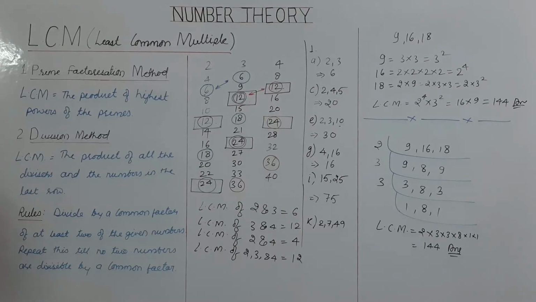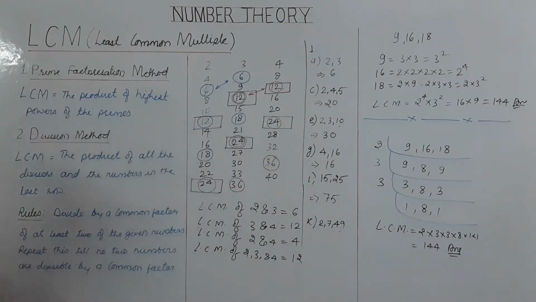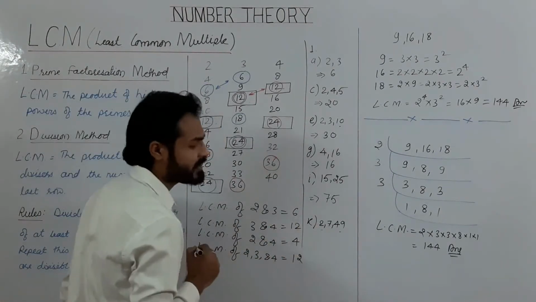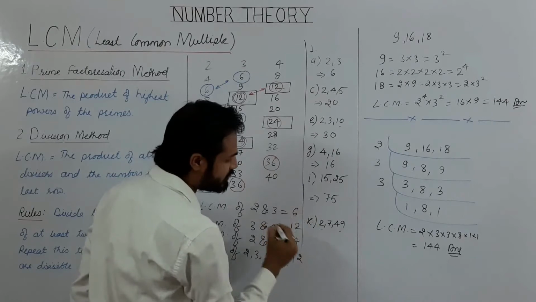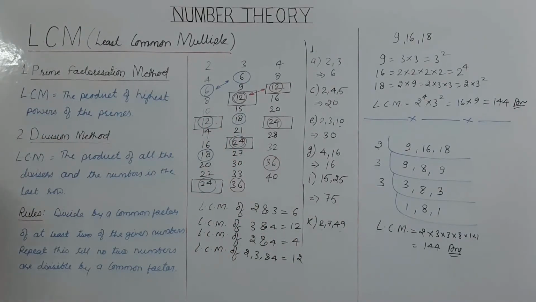K, 2, 7 and 49. Okay, it's a good question. 49, 7 and 2. Now 2 is an even number, 7 is an odd number, 49 again is an odd number, but 49 is a multiple of 7.